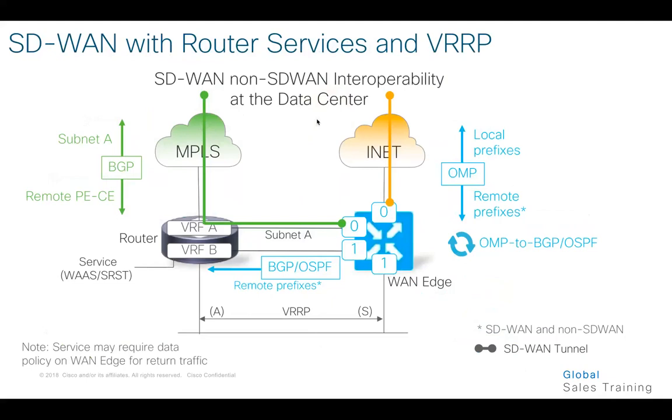And then VRF-A is connected to VPN 0, which is the transport VPN of the SD-WAN router, and my internet is also connected to the transport VPN of the SD-WAN router. At the LAN side, I have a layer 2 switch because I don't have a layer 3 switch at the branch level. I'm running VRRP. With the help of VRRP, I made my left side router, which is WAAS supported router, an active router.